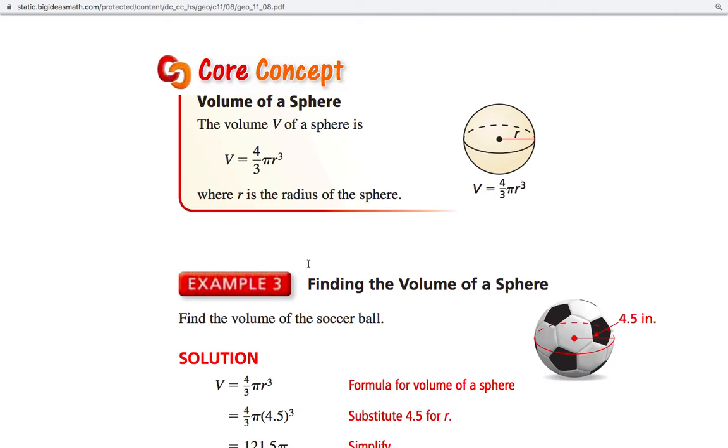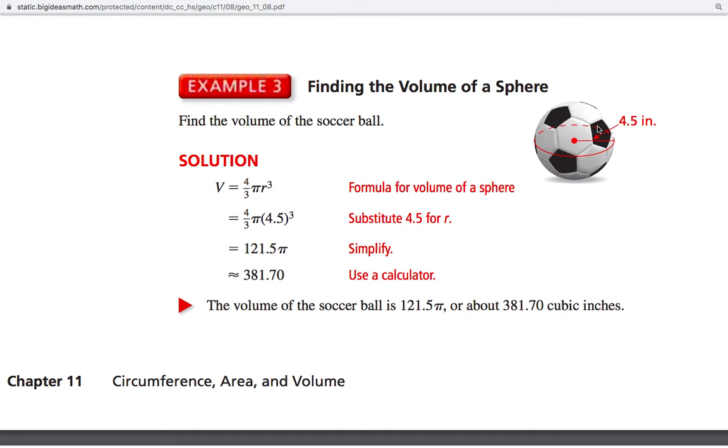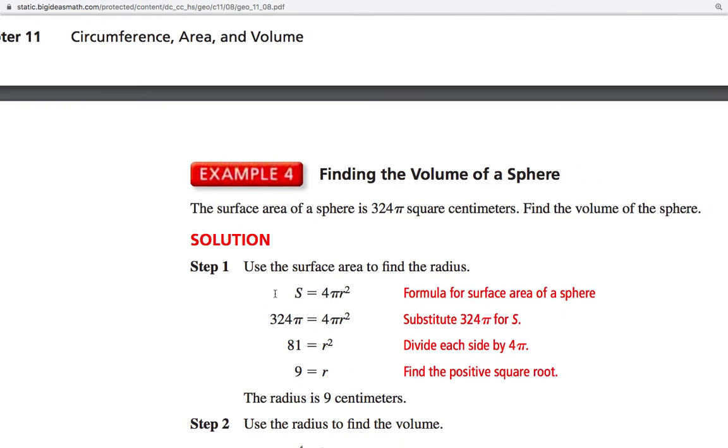Make sure you're typing it into the calculator correctly if you're going to do that. You could do the fraction button or in parentheses if you're concerned about it at all. But we're just going to plug that radius in, and then we're going to be good to go on the formula. Right? You plug in a 4.5, cube it, and then multiply by 4/3 pi, and we get it. Okay, so take a look at that, should be fine.